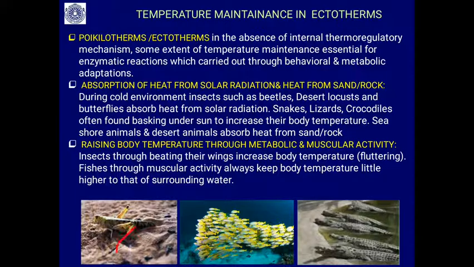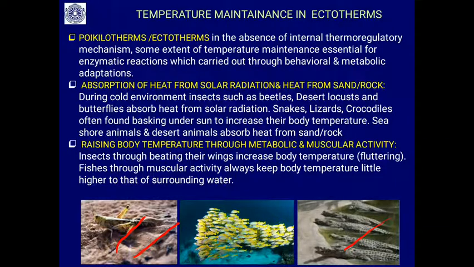You might have seen during cold environment, insects such as beetles, desert locust, and butterflies absorb heat from the solar radiation or through the sand. Similarly, snakes, lizards, crocodiles are often found basking. You will see crocodiles basking under the sun to increase their body temperature. Seashore animals and desert animals absorb heat from the sand and rock.